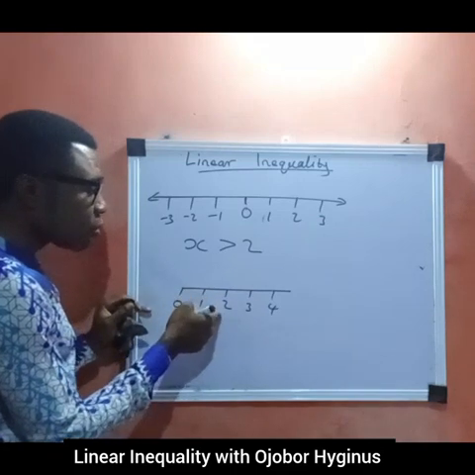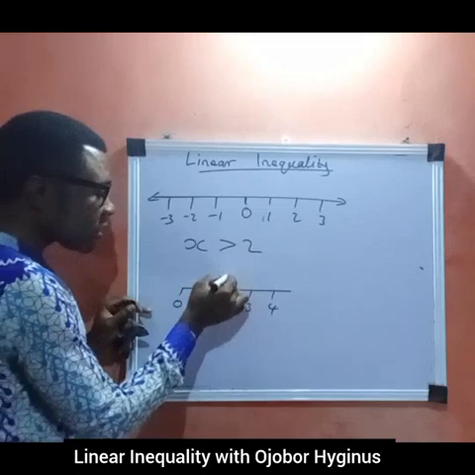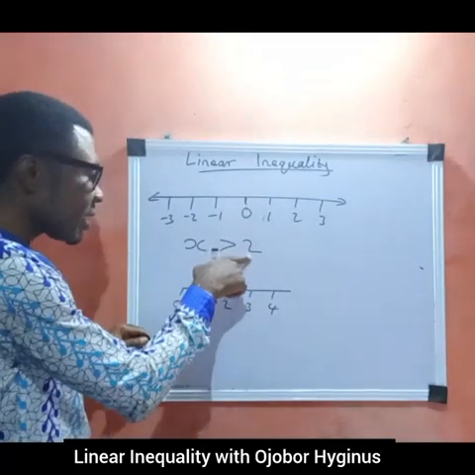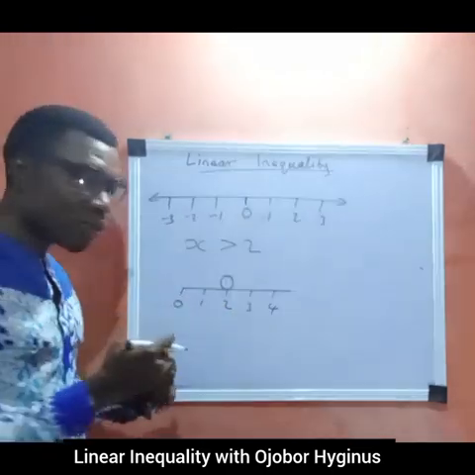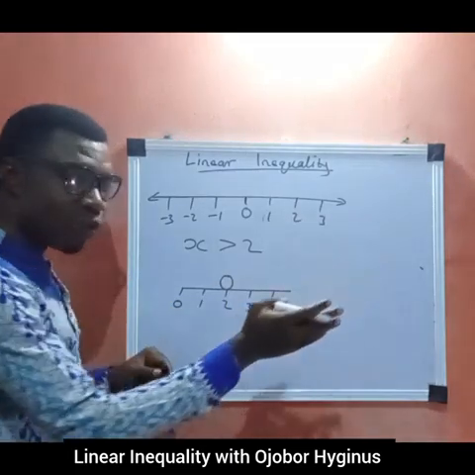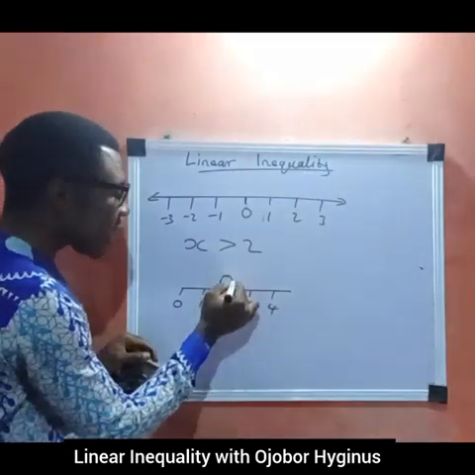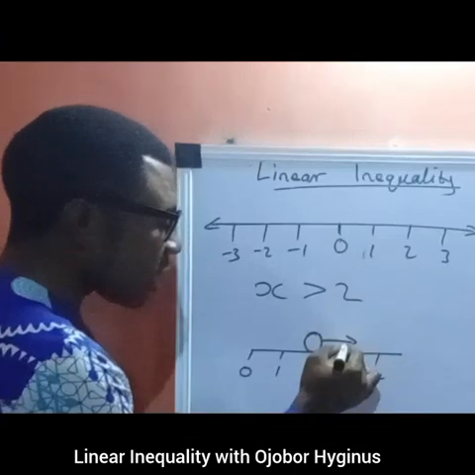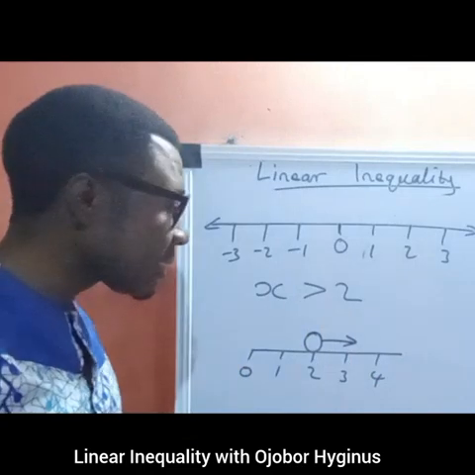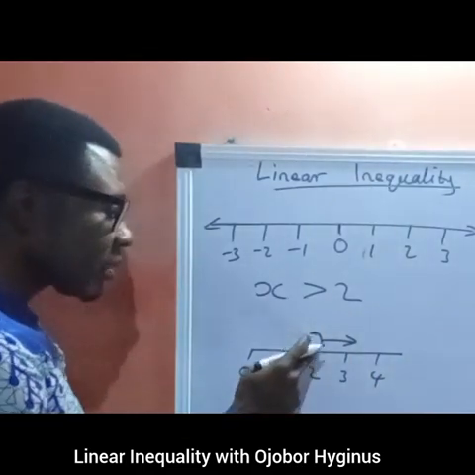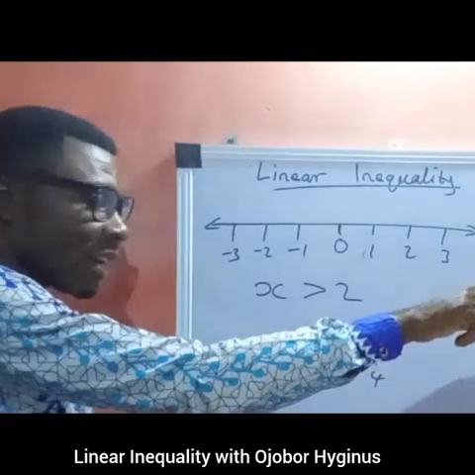But at 2, I will indicate using a circle, because that is where this value is. Then numbers greater than 2 are 3, 4, and so on. So I will draw an arrow from that circle and point it towards the direction of numbers that are greater than 2. You can see this is how we represent it.